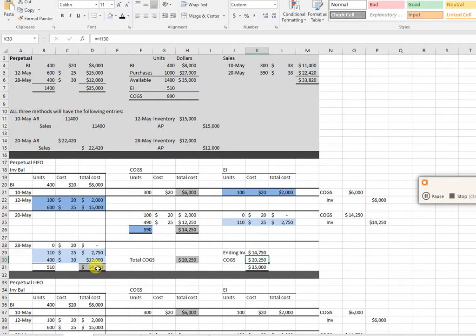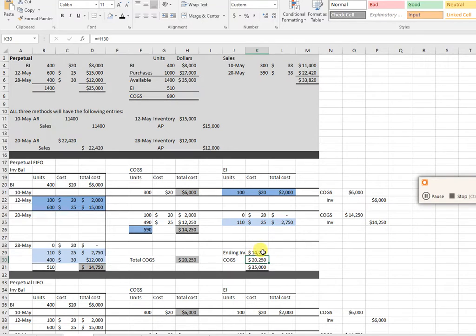But inventory is on the balance sheet. The balance sheet is just the balance on a specific date, so I only want the ending inventory. Inventory is either sold throughout the year or still here. So the amount sold throughout the year is 20,250, and this one is 14,750. I want you to think about perpetual versus periodic. The first in is always the first in.